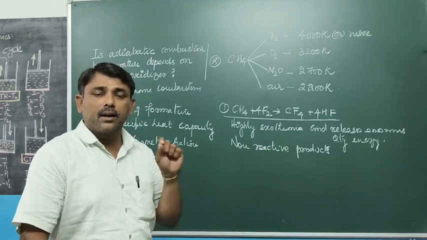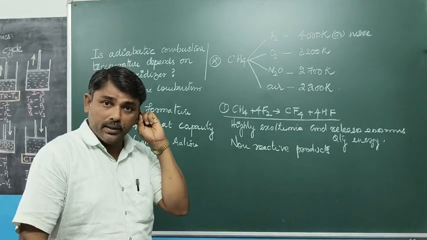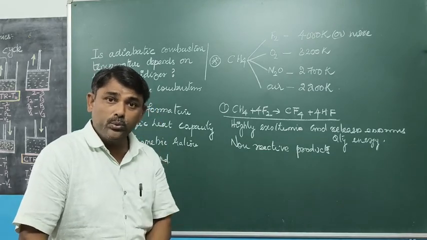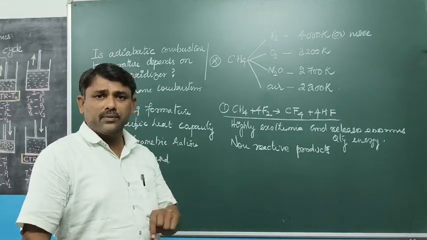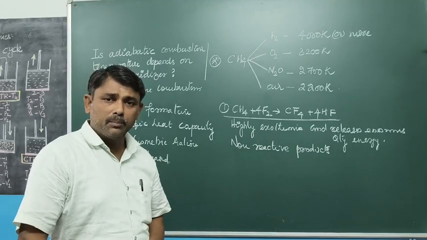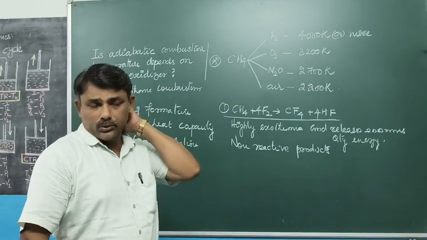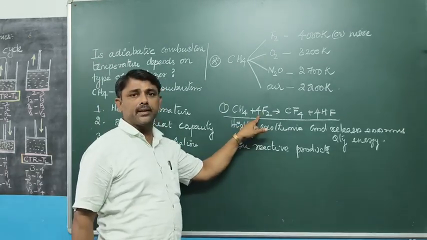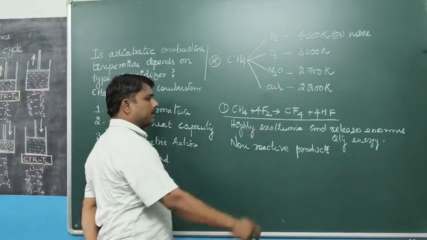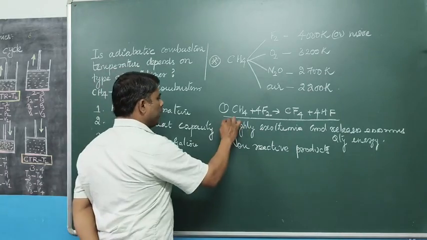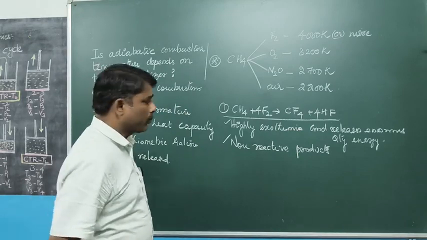On the contrary, it consumes a certain amount of energy for its own stability. So the presence of non-reactive products significantly affects the total energy. In this reaction, there is no chance for non-reactive products. Clear? Point number 1, it is highly exothermic. Point number 2, it does not have any non-reactive products.